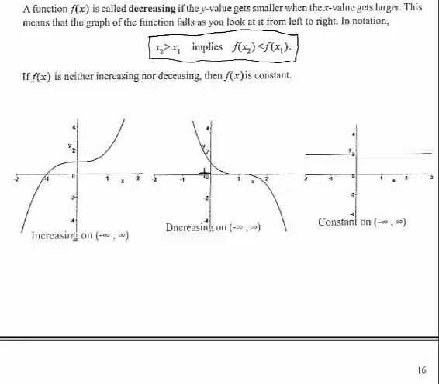So for instance, for this function in the middle, let's say I pick x equals negative 1/2 for x1. Then for x2, I definitely want to pick a value for x that's bigger or to the right. So let's say I pick x2 equals 2. And we're just simply obeying this inequality here. 2 is greater than negative 1/2.